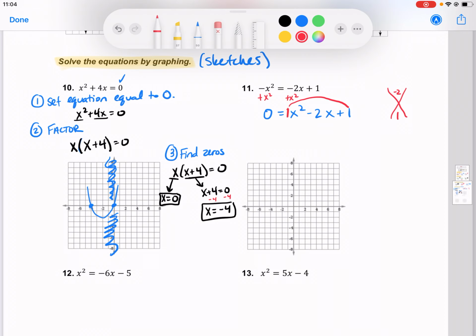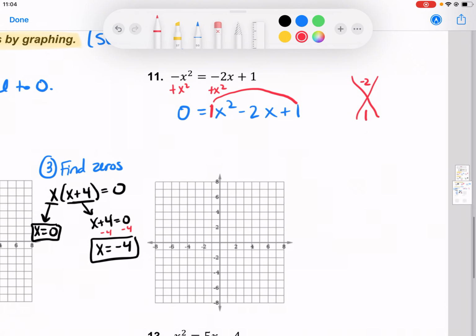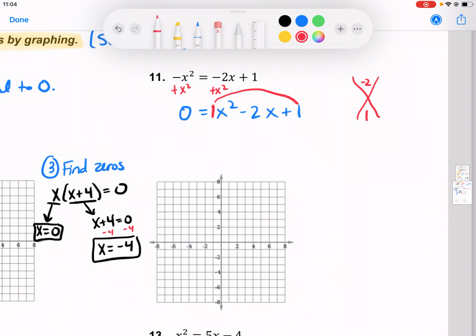And then we're going to look for factors of 1 that add up to -2. So -1 times -1 gives you a positive 1. But then -1 plus -1 gives you a -2. So those are the 2 factors. So since this number right here was a 1, I can go ahead and go straight to my answer. I do not have to do grouping method. And I'm going to go ahead and write x minus 1, because this is -1, and then x minus 1 because the other one is -1.